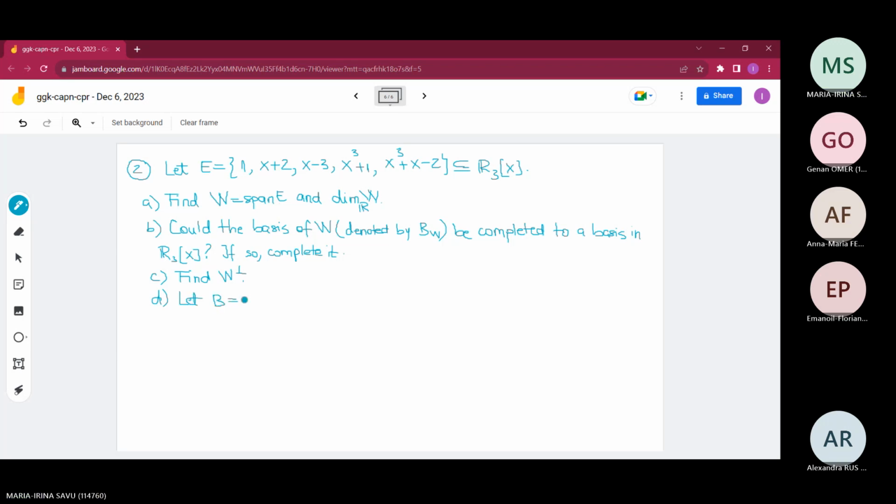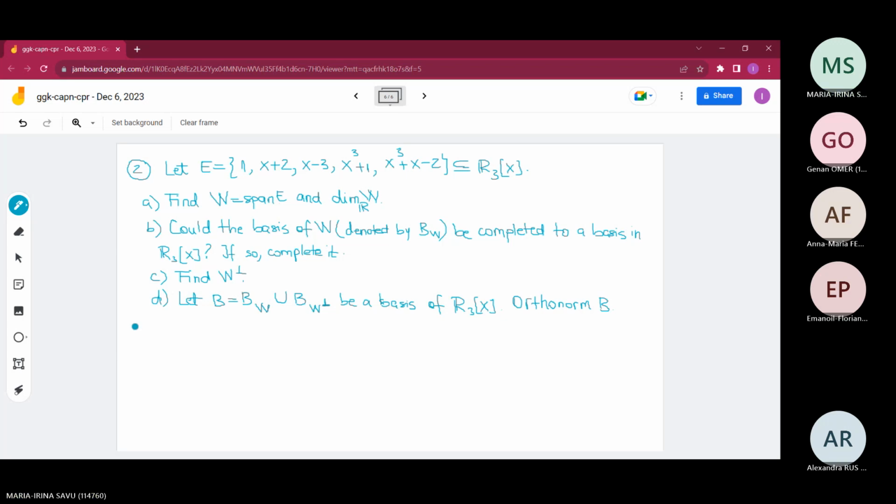D. Let B be the basis of W. Unite it with the basis of W prime to be a basis of R3 of x, orthonormal.